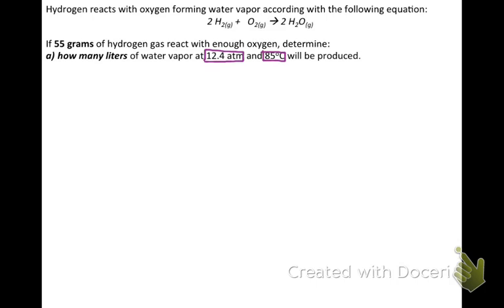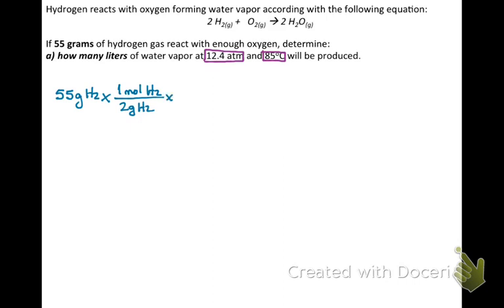We have 55 grams of hydrogen. First, we transform them into moles of hydrogen. 2 grams of hydrogen is 1 mole of hydrogen.